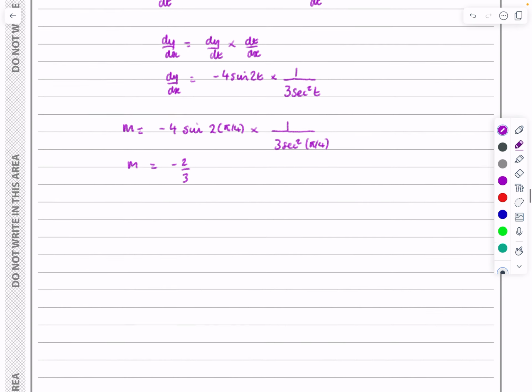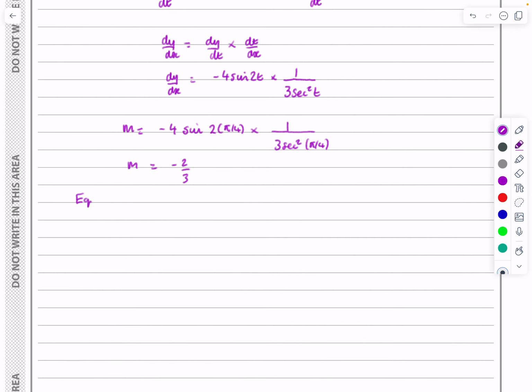And I haven't explained the equation of tangent to the examiner yet, so I'm now going to say that equation of tangent is y minus y1 equals m(x minus x1), and I've got here x1, y1, and m. I've got x1 is 4, y1 is 0, and m now is minus 2 over 3.